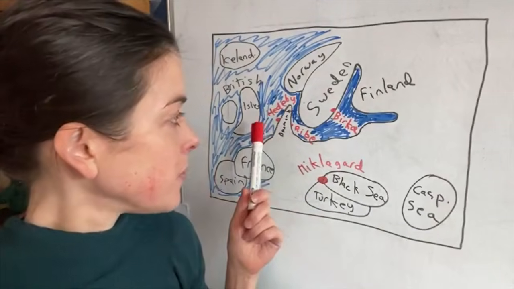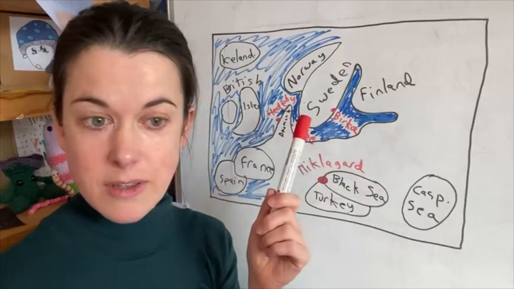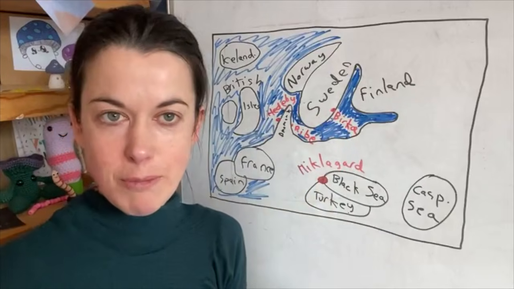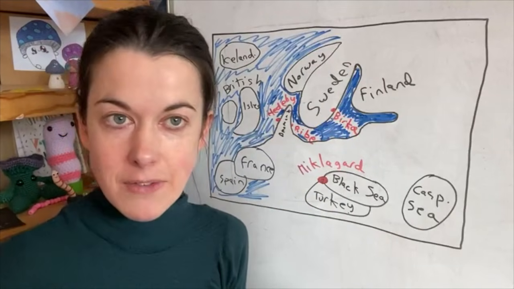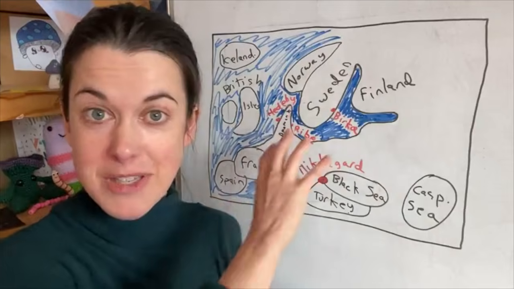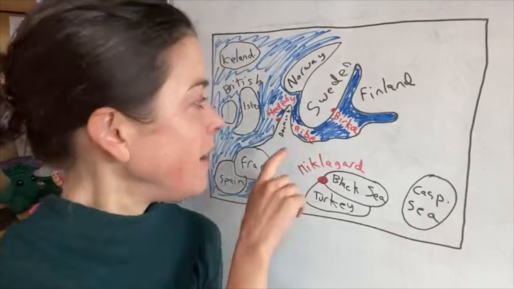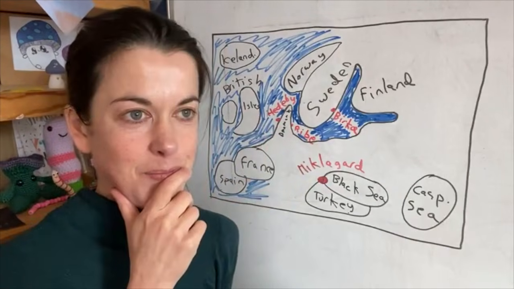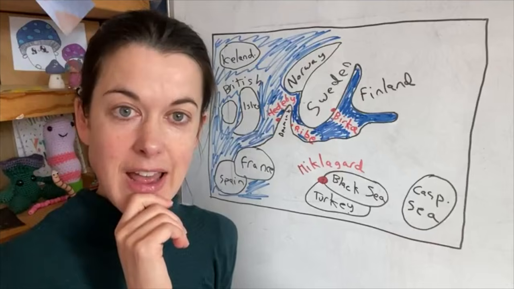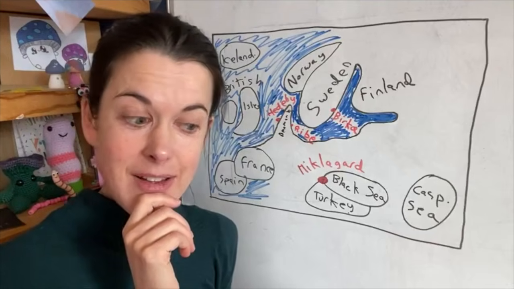So we've talked about Birka, which was probably the most important trading town in the Viking times. That was the big, bustly centre where it all was happening. Birka probably has between 500 and 1,000 people in it.